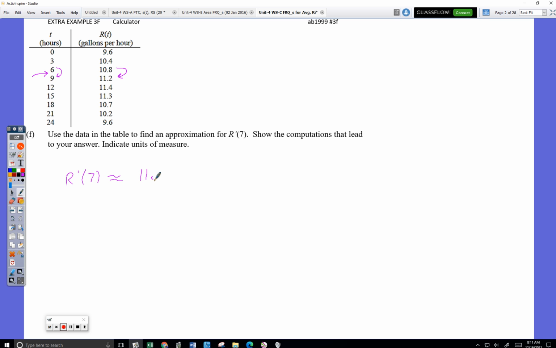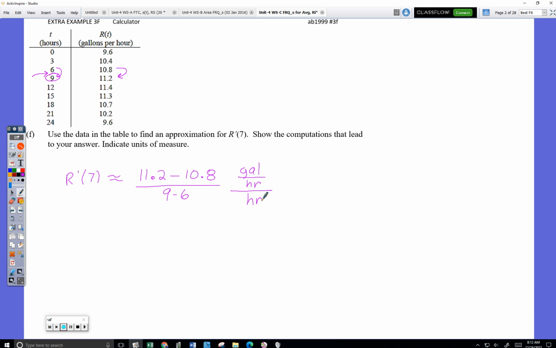So I have 11.2 is what the rate ended up being at hour 9. 3 hours earlier, the rate was 10.8. And I don't want to do any computation here just to avoid a possible mistake. Units of the numerator, again, are gallons per hour. On the bottom I've got 9 minus 6. Those units are hours. And I just stop, and on test 4, that would be worth 6 points.